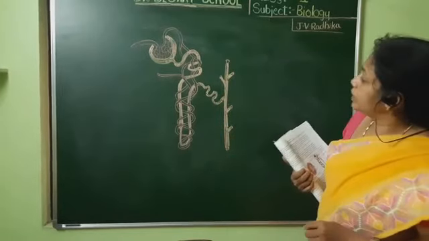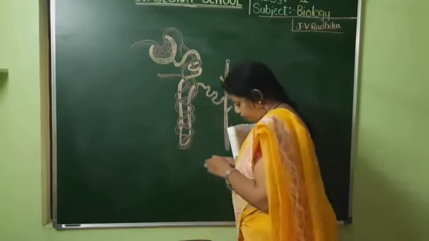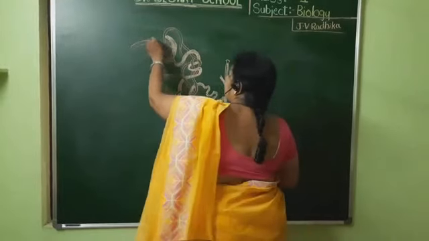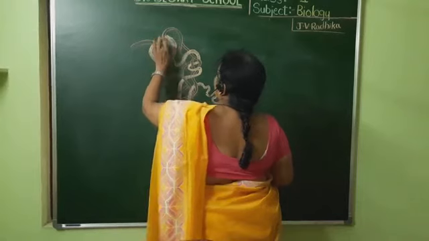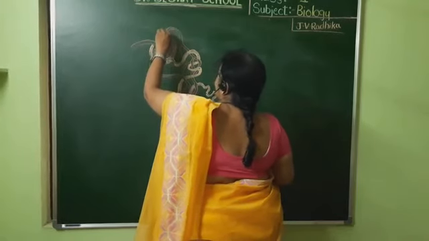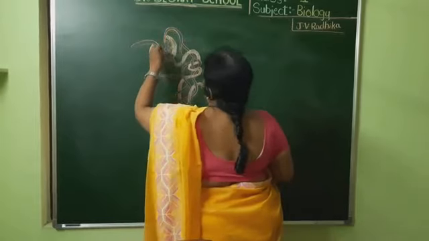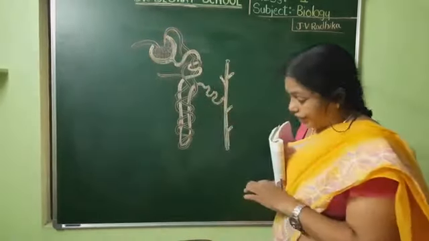So like this we can see the nephron. Now here one important thing is that the afferent arteriole, the one which will be entering into this will be wider, and the one which is going out, the efferent, will be narrower. Why it is like that we shall be studying later.